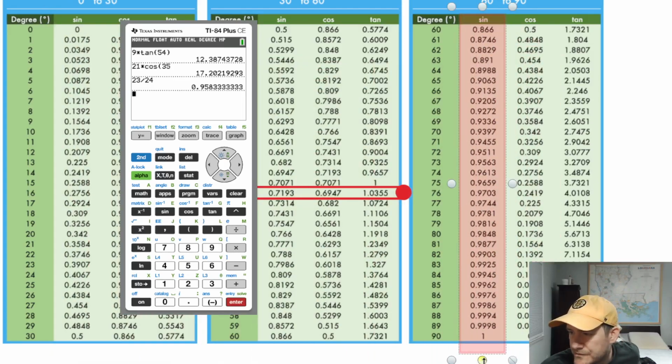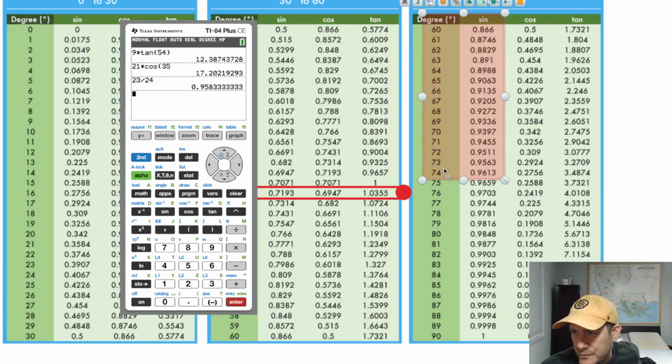And again, let's just drop down till we find it. Here's 0.953. No. So yeah, 0.9583. So we would be between 0.95 and 0.96. Head over to the angle. We must be between a 73 and a 74 degree angle.